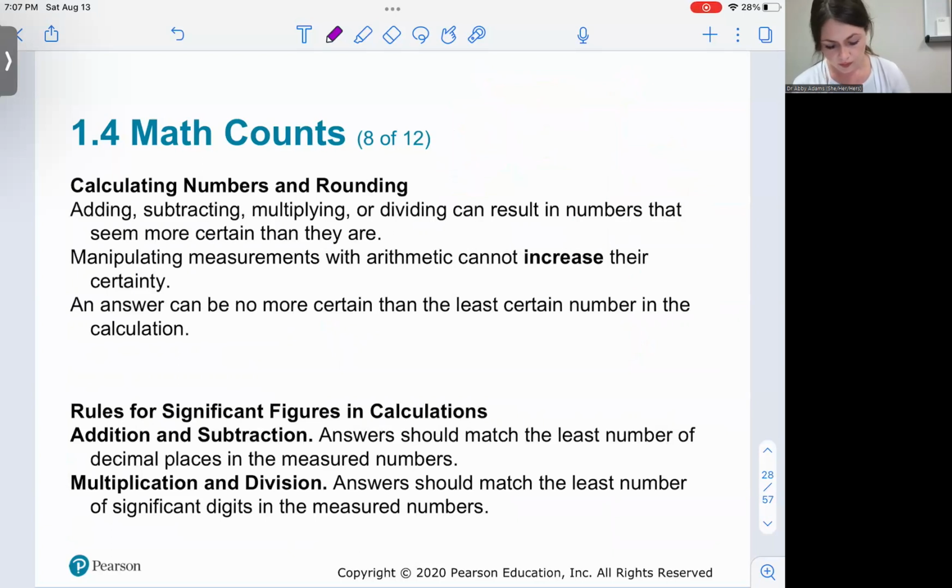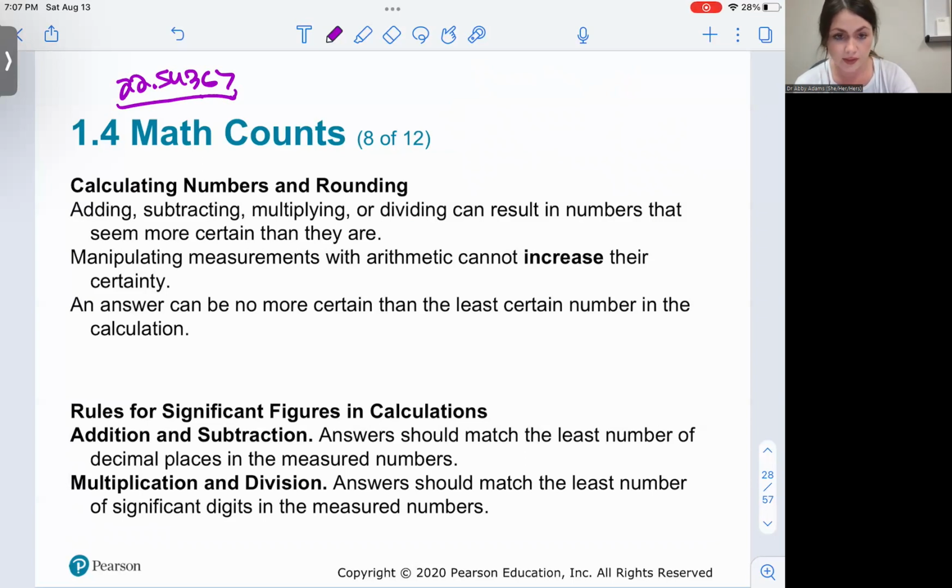Okay, so calculating numbers and rounding. Adding, subtracting, multiplying, and dividing can result in numbers that seem more certain than they are. If you think of a speedometer that gives you a number, you know that whenever these kinds of calculations are made, those numbers are not all necessarily really true.